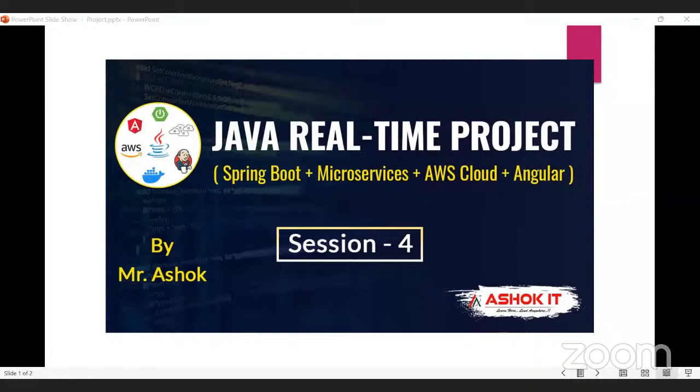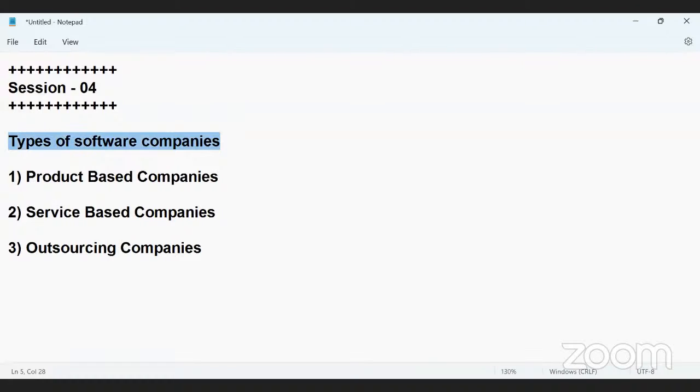First one is product-based company, second one is service-based company, and third one is outsourcing company.